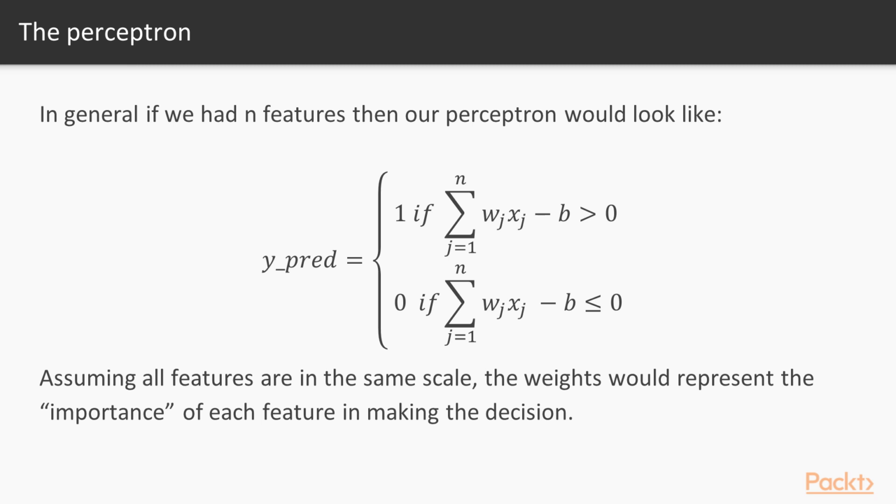Assuming that all features are on the same scale, the weights will represent the importance of each feature in making the decision. For this particular problem, the features are on very different scales; for example, ages are on a very different scale than bill amounts. But if you scale all the features to a similar scale, then you can think about these w's, the weights, as the importance of each feature when making the decision.